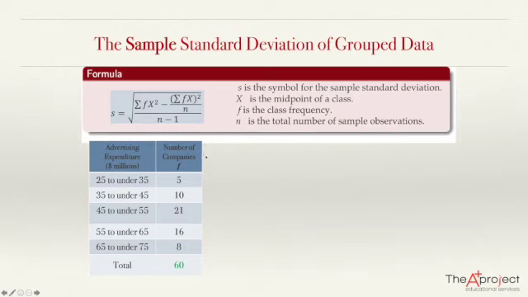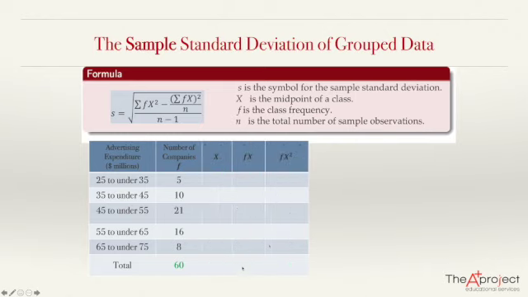What we are going to do is make 3 columns. One for the midpoint, one for fx, the frequency multiplied by the midpoint, and another for fx squared, the frequency multiplied by the midpoint squared. We can do it on the right of this formula. So here will be x, the midpoint.